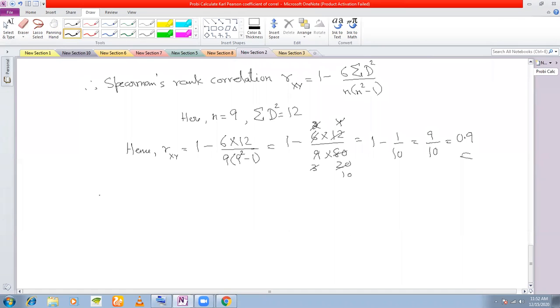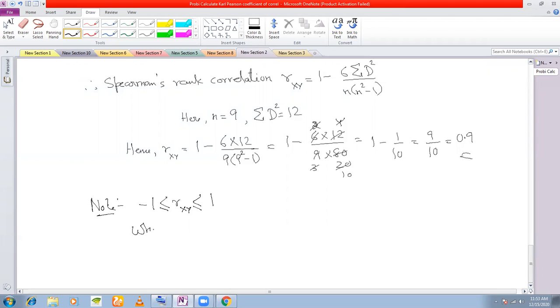It means R has a very high positive value. And you already know, I don't know whether I had mentioned this, but still, if I have not, then let me just mention that the value of the correlation coefficient between two variables x and y always lies between minus 1 and plus 1.